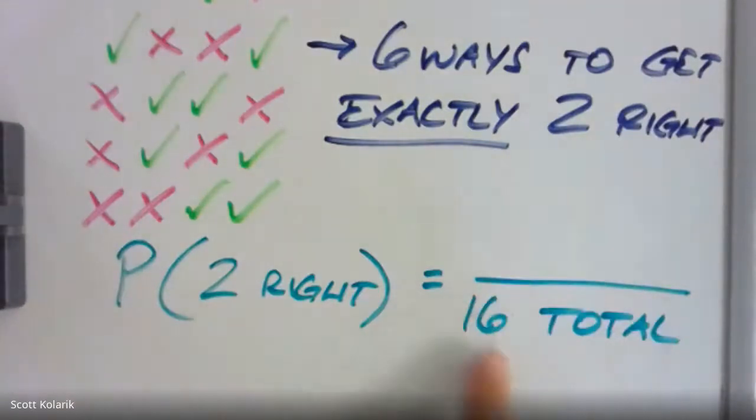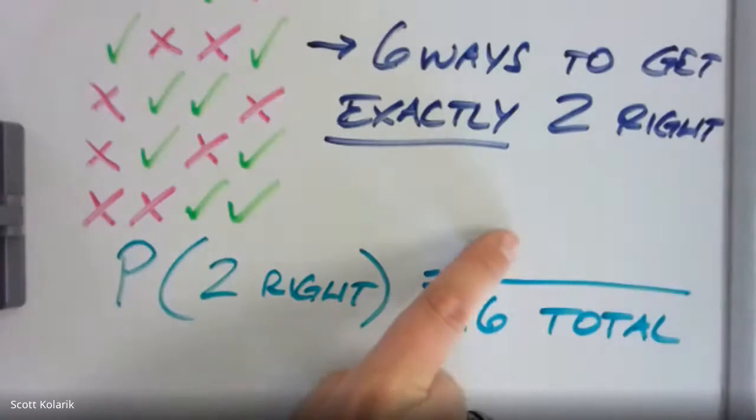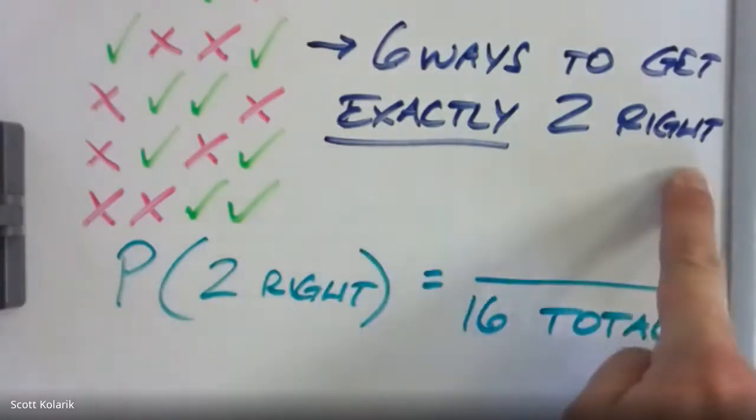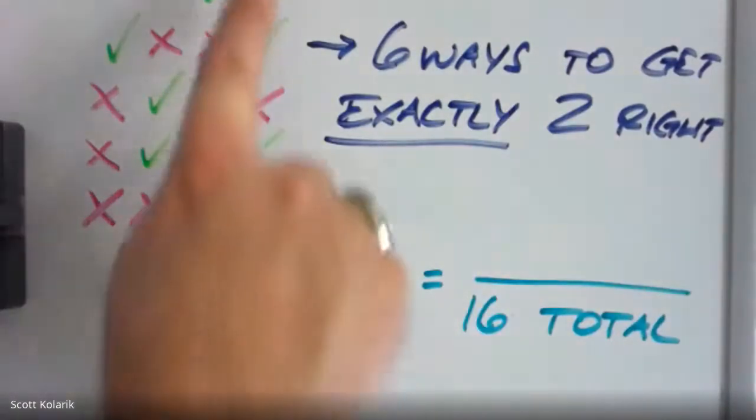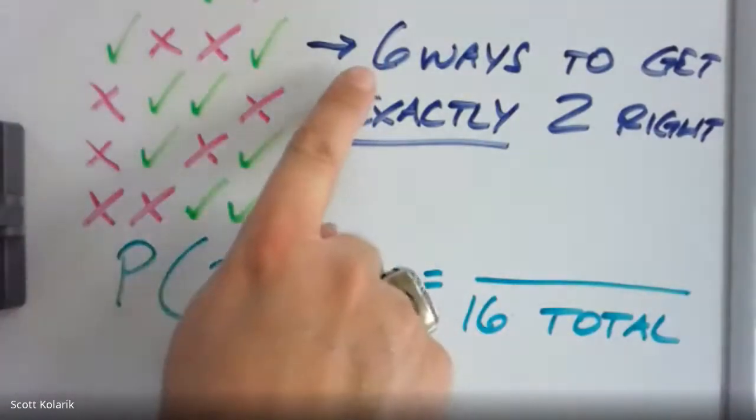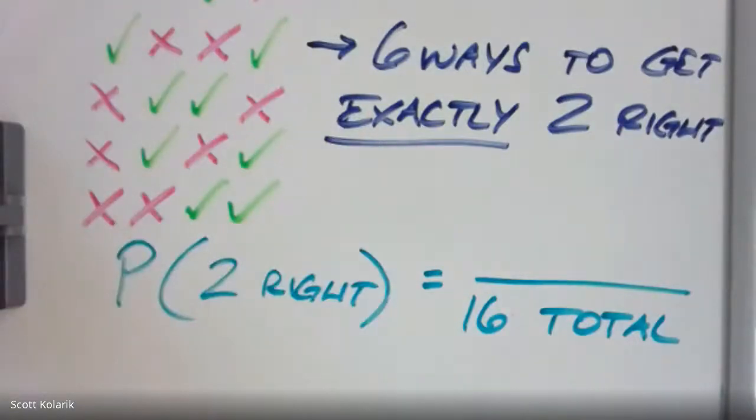This is the full realm of possibility. However many I may have gotten right, there are 16 different ways I could have filled it out. On the numerator, these are the favorable outcomes, specifically how many different ways I could get exactly 2 right, the part inside the parentheses. We just counted that, and we ended up with exactly 6 ways to do that.